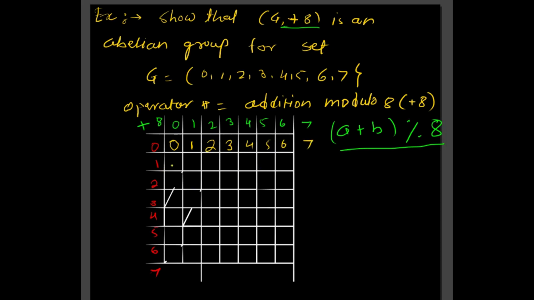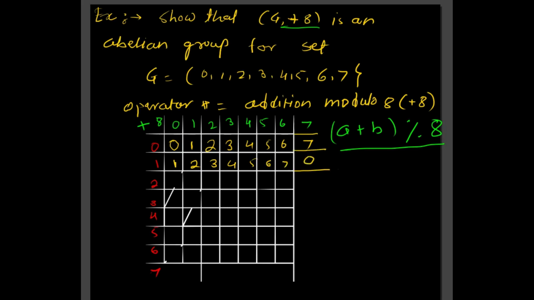Now we will find the next row. The next row is 1. The same operations we have to perform: 1 with 0, 1, 2, 3 up to 7. So 1 plus 0 is 1, 1 plus 1 is 2, 1 plus 2 is 3, 1 plus 3 is 4, then 5, 6, 7. Now 1 plus 7 is 8, and 8 mod 8 is 0.